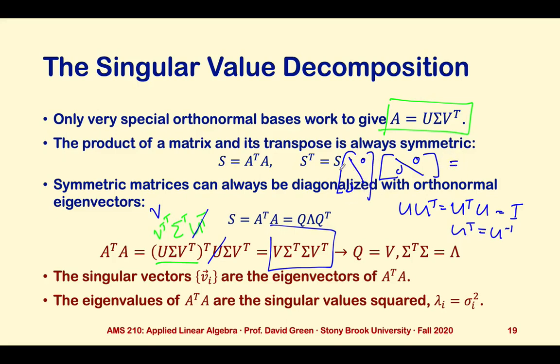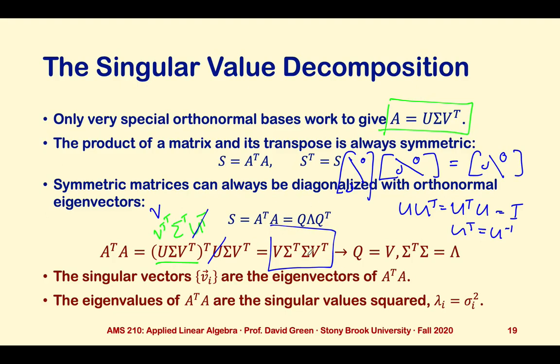Again, a property of just working with diagonal matrices. Note that sigma and sigma transpose are diagonal but not necessarily square. Their product is diagonal and square.